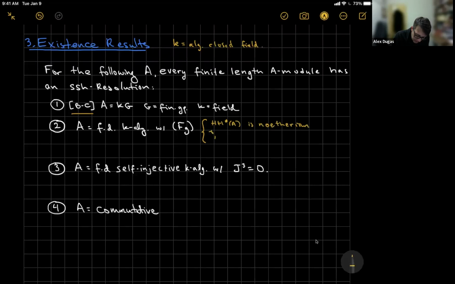And if we look at Ext star, really Ext star of any two modules, but it suffices to look at A modulo its radical J, this is finitely generated as a module over the Hochschild cohomology ring. So J is just the radical of A.